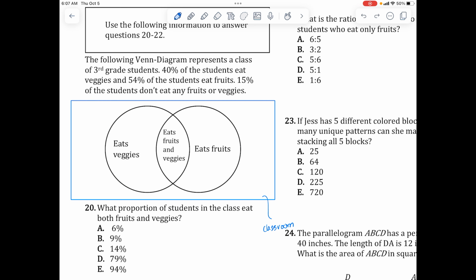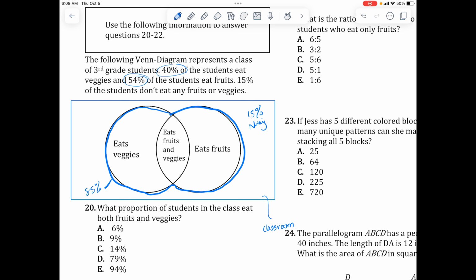Now, within the entire class, 15% eat nothing. Okay? So that means that what's left for this is 85%. So within that 85%, you have this 40% and this 54%.